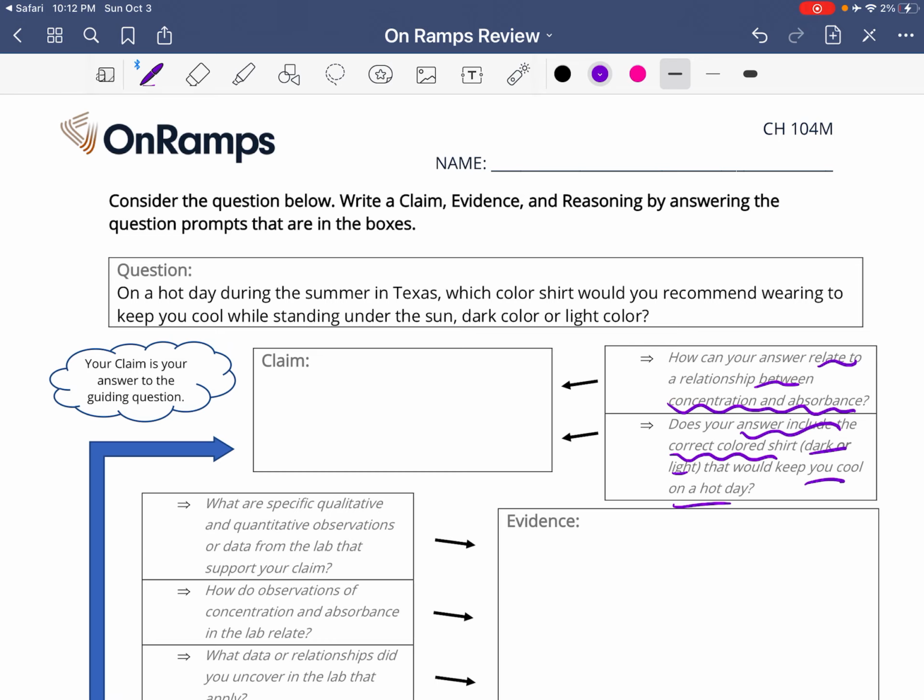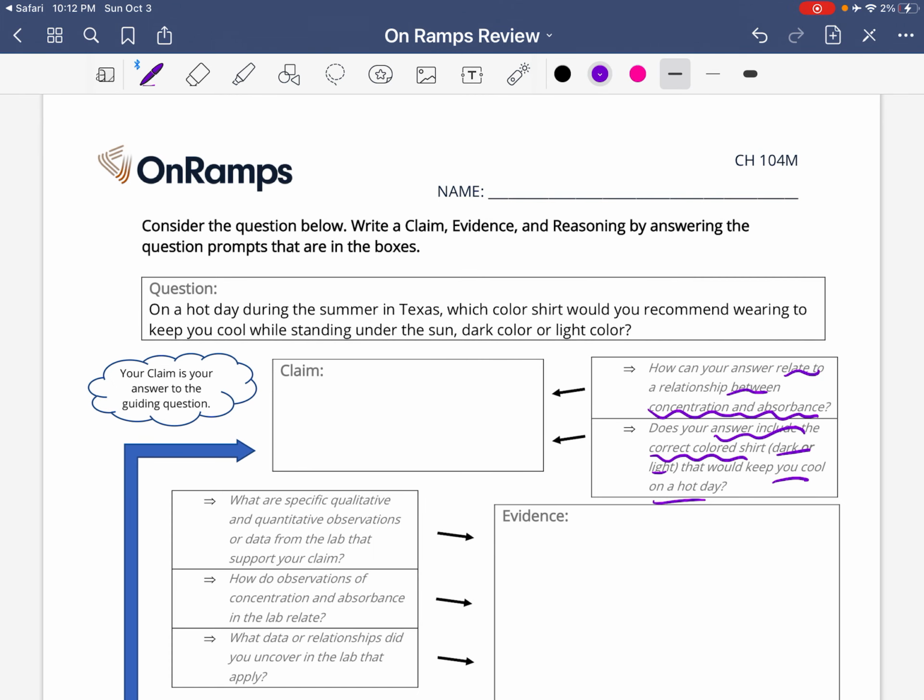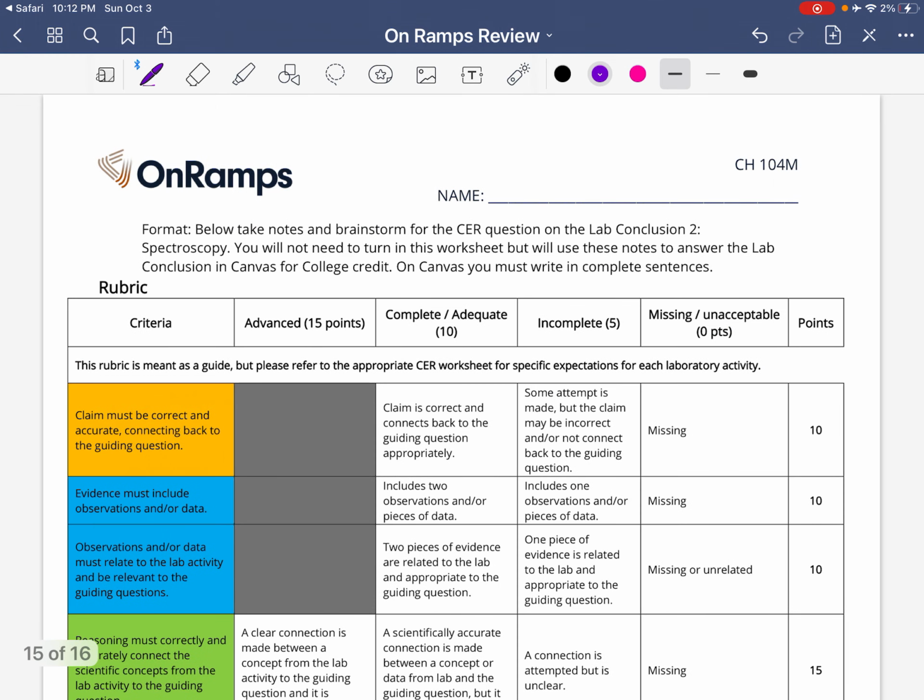So we have to answer the question to this top question in claim. Okay? So the claim has to be correct and connect back to the guiding question.